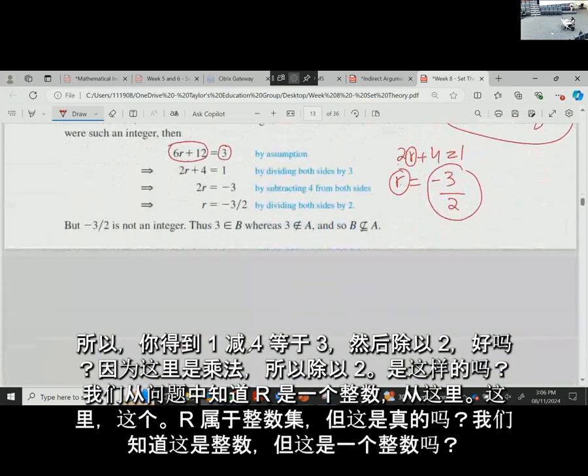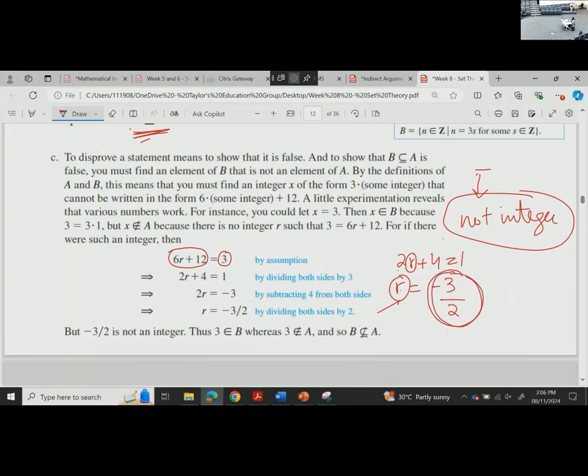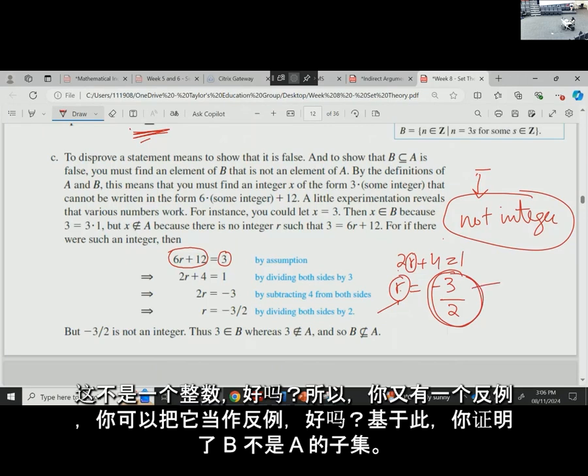But is it true, this one? This is an integer, we know, but is this an integer? No. This is not an integer, okay? So here you again have a counter example, okay?